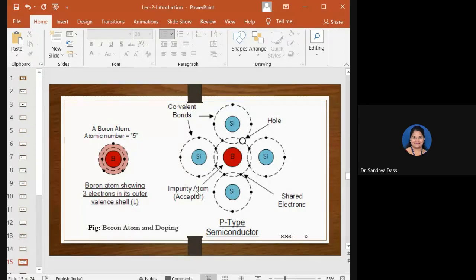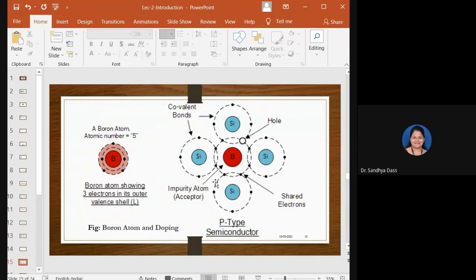So the diagram you can see here is the structure and lattice of the acceptor impurity atom boron. Okay, boron is a commonly used trivalent additive as it has 3 electrons arranged in 3 shells around its nucleus, with the outermost orbital having only 3 electrons.